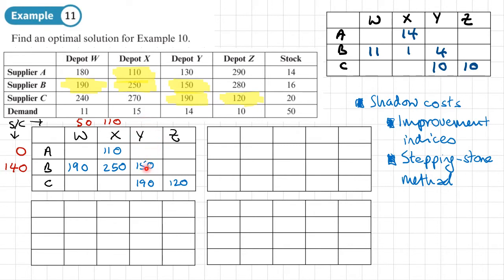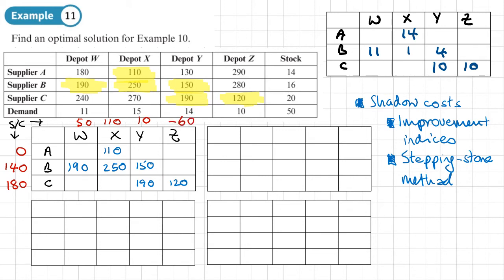That means this shadow cost here needs to be 10 at the top there, so I'll put 10 there. Now, if that's 10 and I want 190 there, then here I need to put 180. So we're basically just creating the headings from what the numbers are in the cells. And here we need to be careful. Remember, shadow cost can be negative. So I've got 180 there, and I need negative 60 above Z, so negative 60.